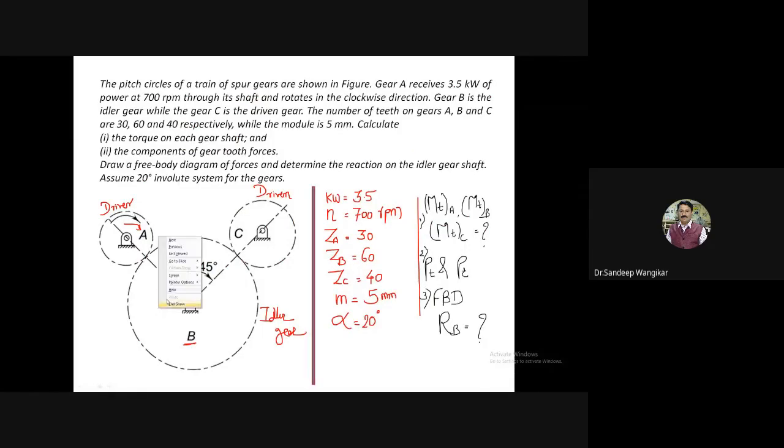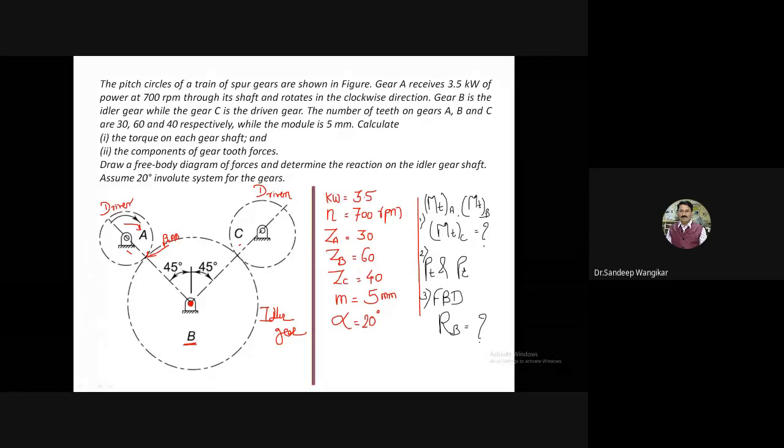If I consider gear B, what torque will it receive from gear A? It is what it is transmitting here. So for example, this is PTAB. PTAB into dB by 2 is equal to whatever it is on this side.